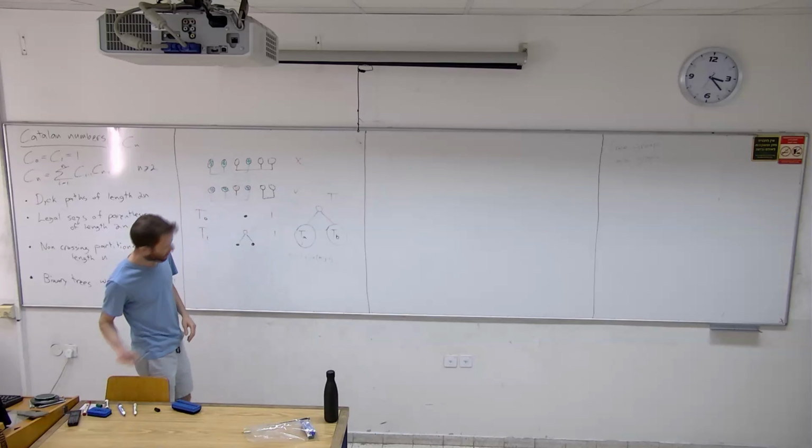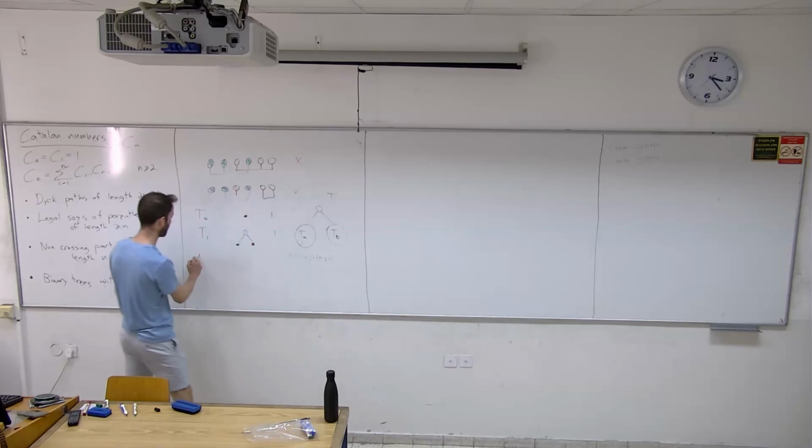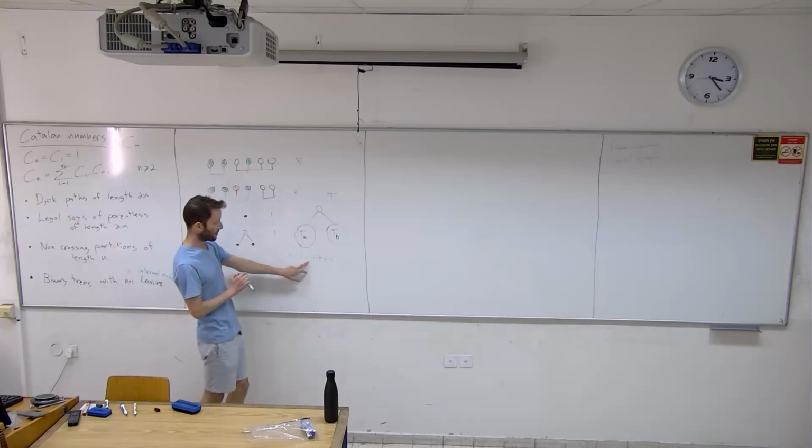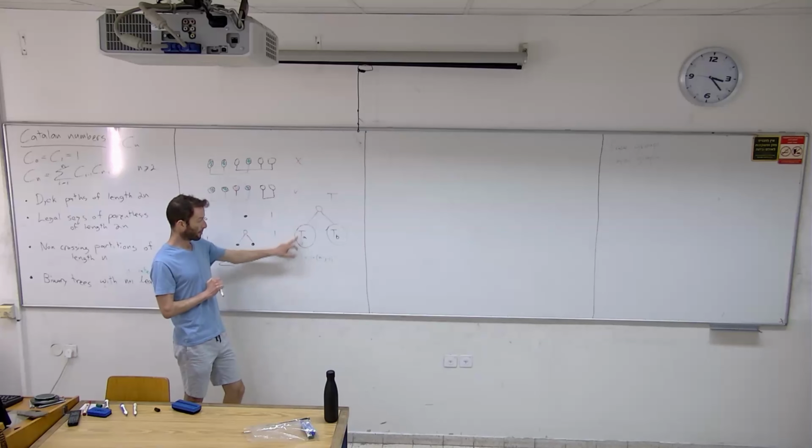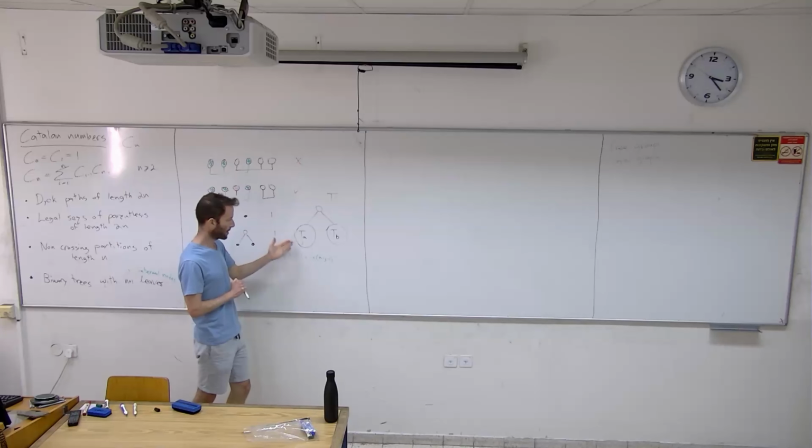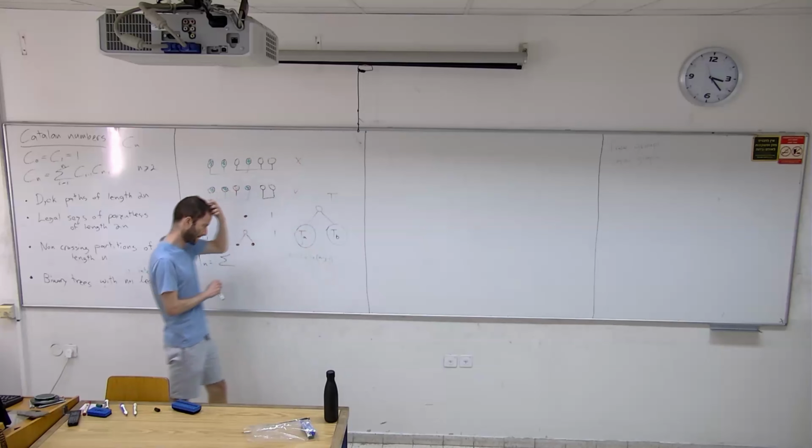But this tells us that the expression of Tn can be written as some sum. I didn't put any restriction on j. This can be a leaf, so j can be 0, but it can also be anything up to n minus 1, right? For this to make sense.